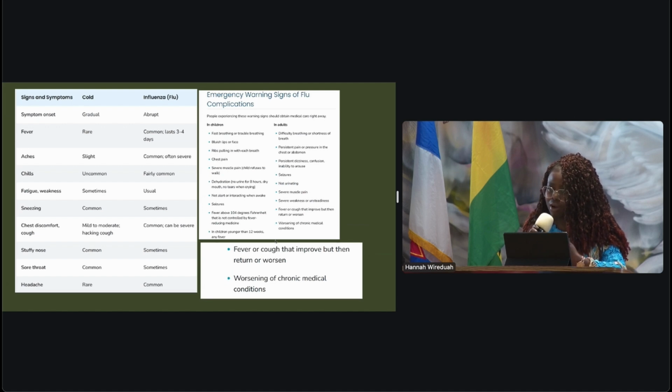And some other emergency warnings: when flu is complicated, go to the hospital.